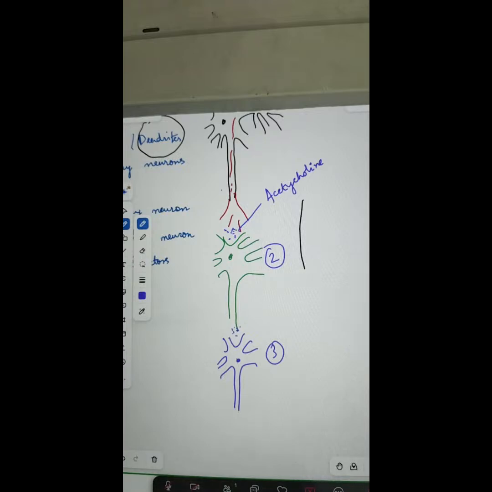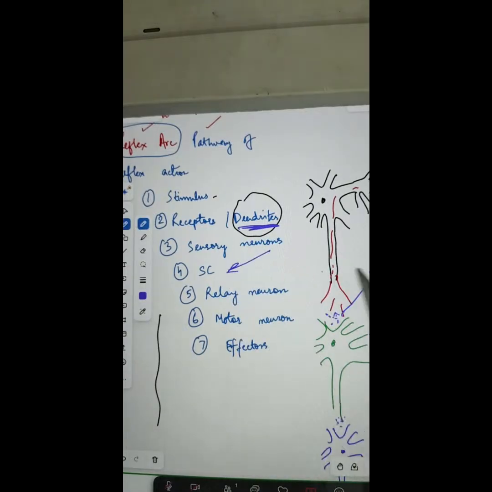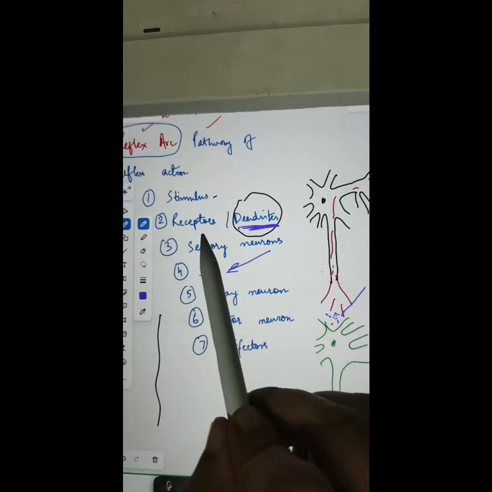So this set of neurons which are taking the information from the dendrites and giving the information to the spinal cord, this whole set of neurons is known as sensory neurons. Remember, sensory neurons are also known as afferent neurons. In biology, whenever we are talking about afferent neurons, that means we are talking about a structure which has to carry the information from one place to another, going for processing.